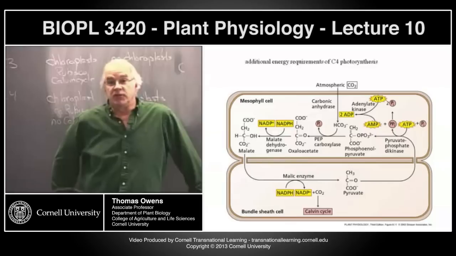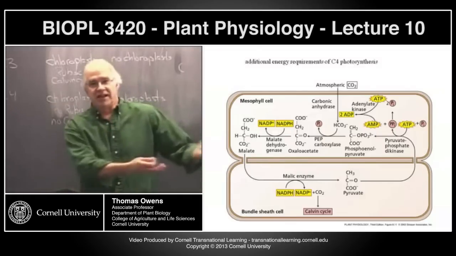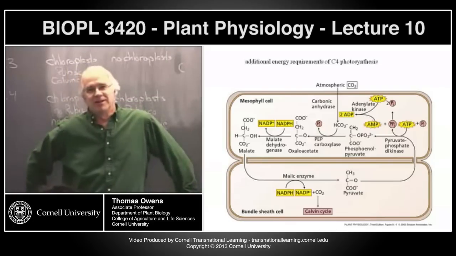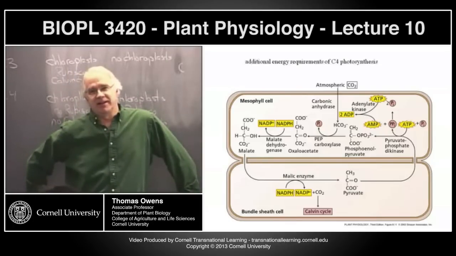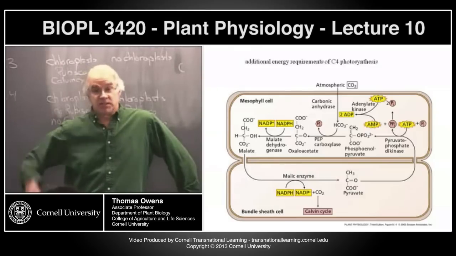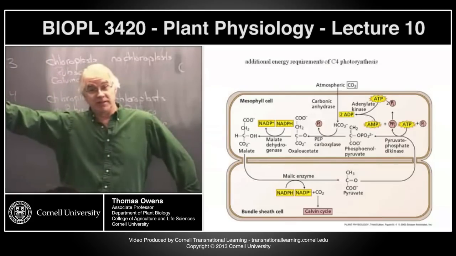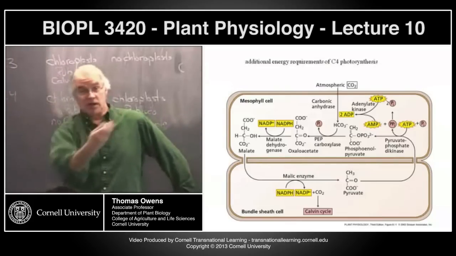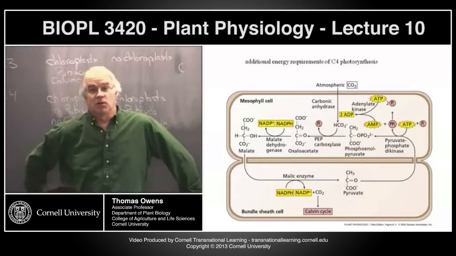Okay, so if there's no photosystem 2, where are the electrons going to come from to reduce NADP to NADPH? Right, because the electrons that ultimately go to reduce NADP to NADPH come from water. Without photosystem 2, there's no source of electrons there.